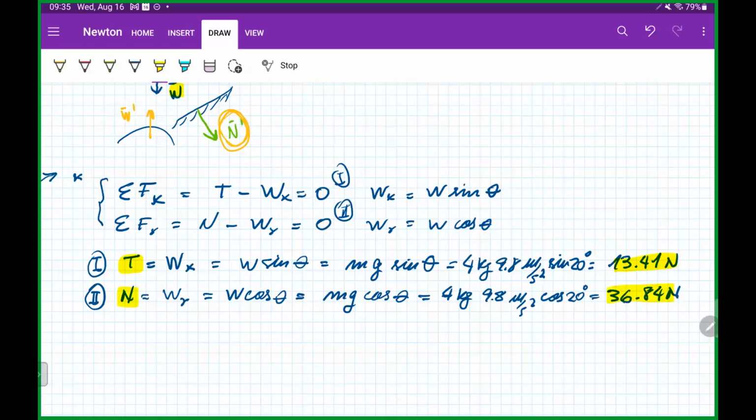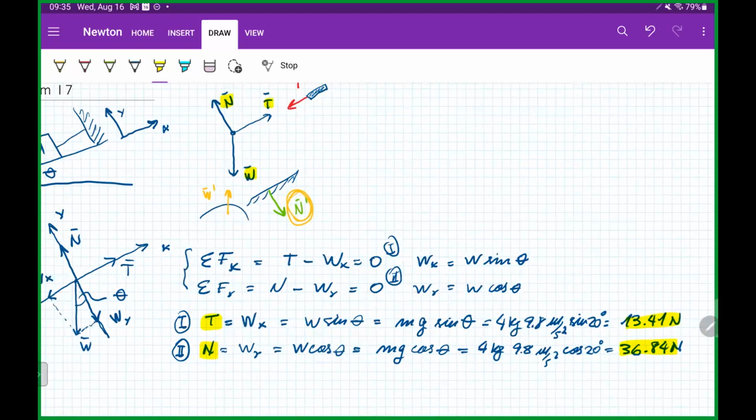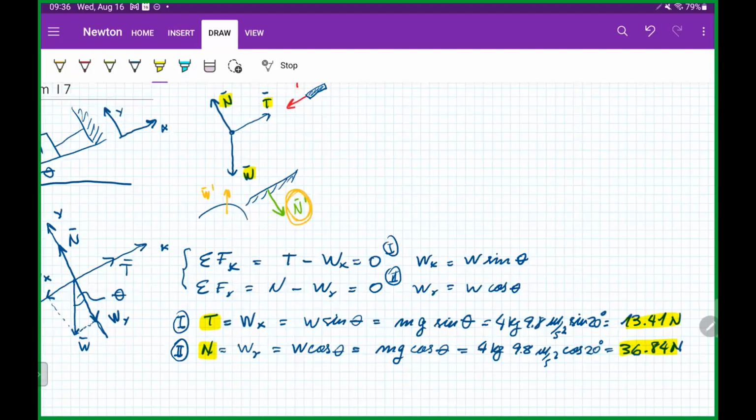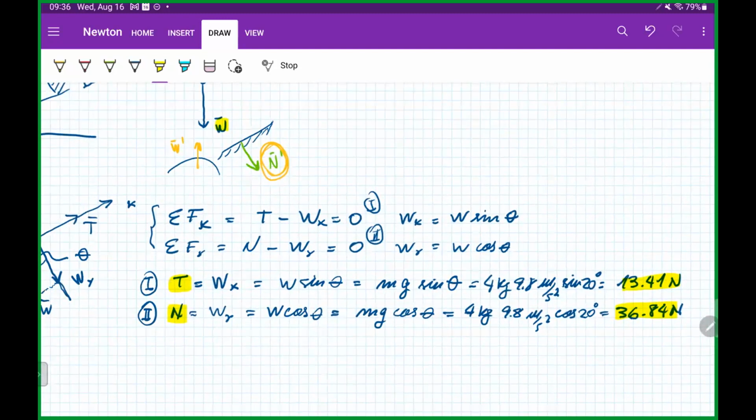But let's make some distinction here. As we mentioned before, the problem is asking the force that this block is applying. So let's go back. At first it said find the value of the tension exerted by the rope. We know that the rope is exerting a tension on the block, the vector T. Here we have the modulus of T, which is 13.41 newtons, and that's the force that the rope is exerting on the block.